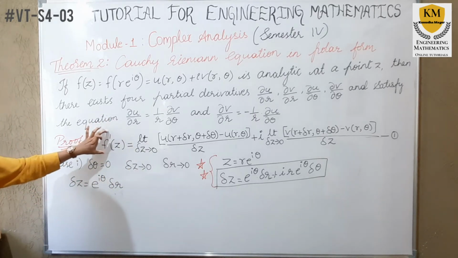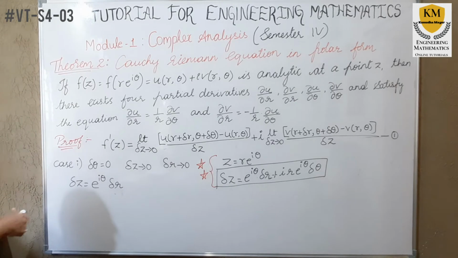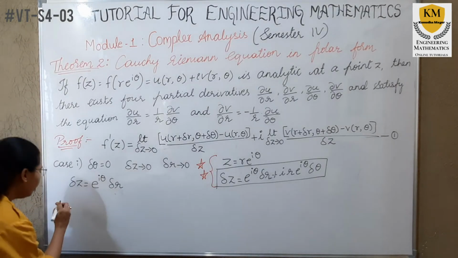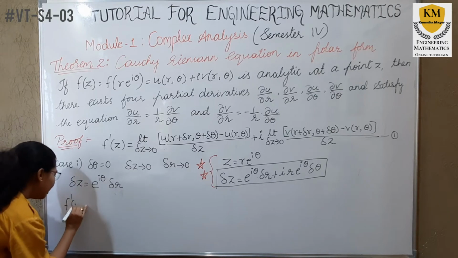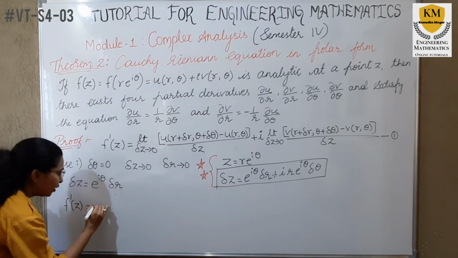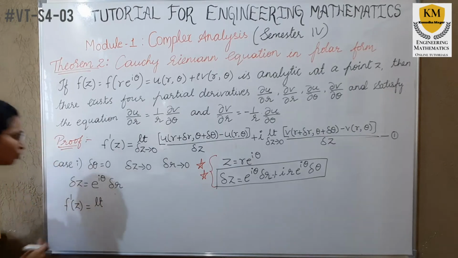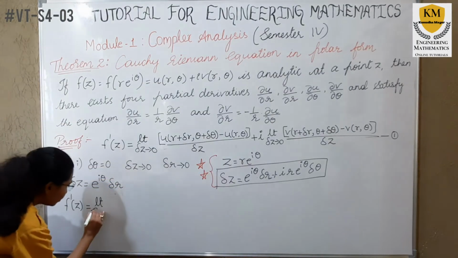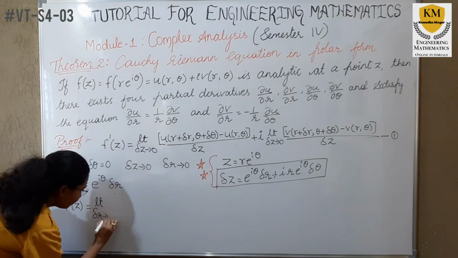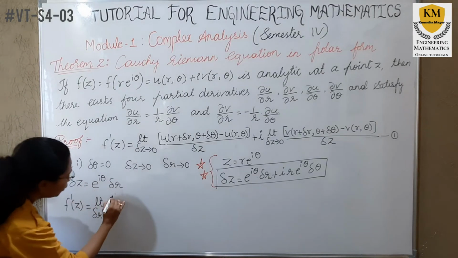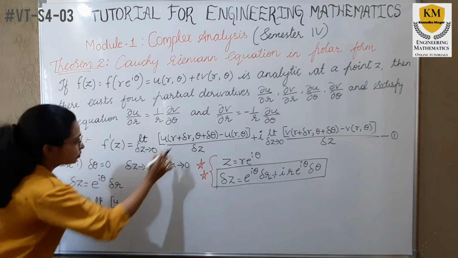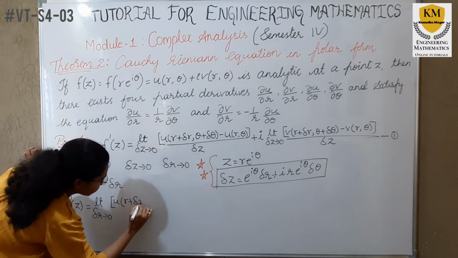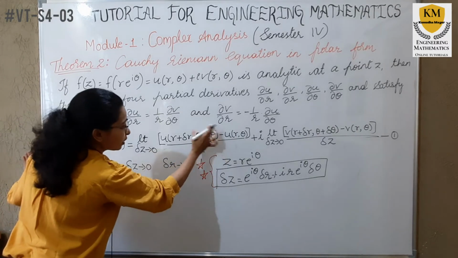Here is equation number 1. Observe very carefully what I am going to do right now. So f dash of z is equal to limit del z tends to 0. I have already told you that if del z tends to 0, you can also write it as del r tends to 0. So limit del r tends to 0, u of r plus del r comma theta.